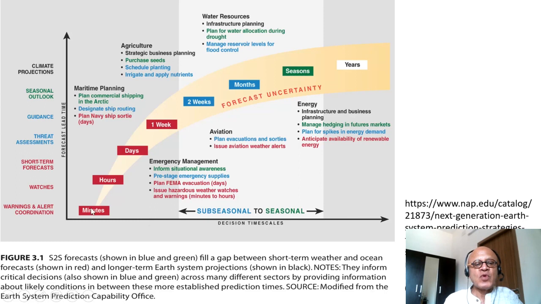So we are going from weather time scales of a few days, maybe a week, bordering on to 10 days, and then we have this sub S2S time scale that we have been talking about in terms of weeks 2 to 4, and then season 1 to 3 or 4, let's say, and then out to decades and multi-decades.